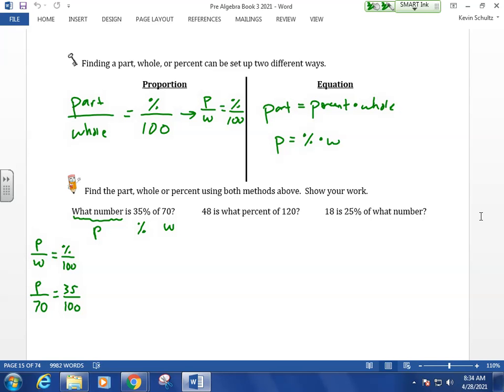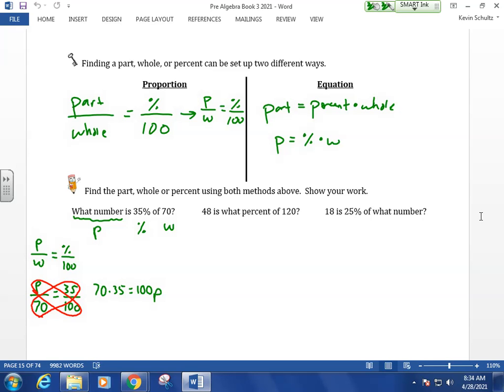So we have a proportion. And based on what we talked about before, how do we solve a proportion? We could use scale factor, we could use equivalent fractions, we could use cross products, and that's actually what I'm going to use here. Okay? So using cross products, we know that 70 times 35 equals 100 times P. 70 times 35, pull out a calculator for that.